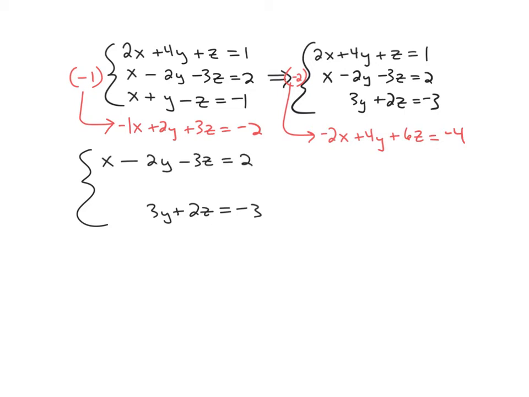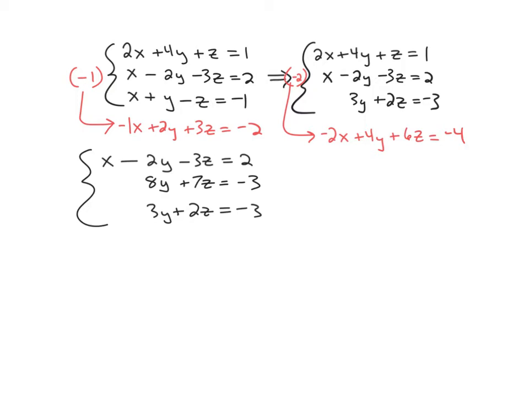Now I'm going to replace this row with the sum of this red equation, which is a multiple of the second one, and I'm going to add that to the top one. So when I do that, the x terms are going to drop out, and I get 8y plus 7z equals -3.